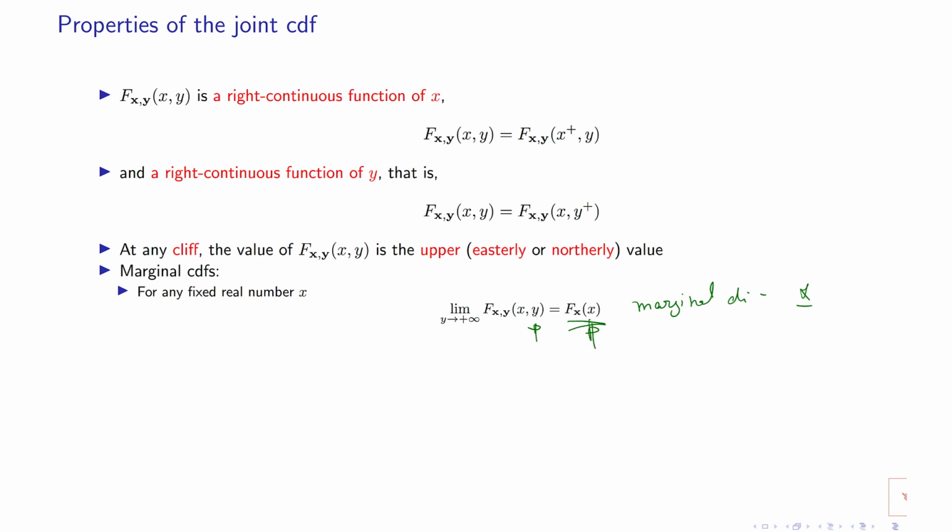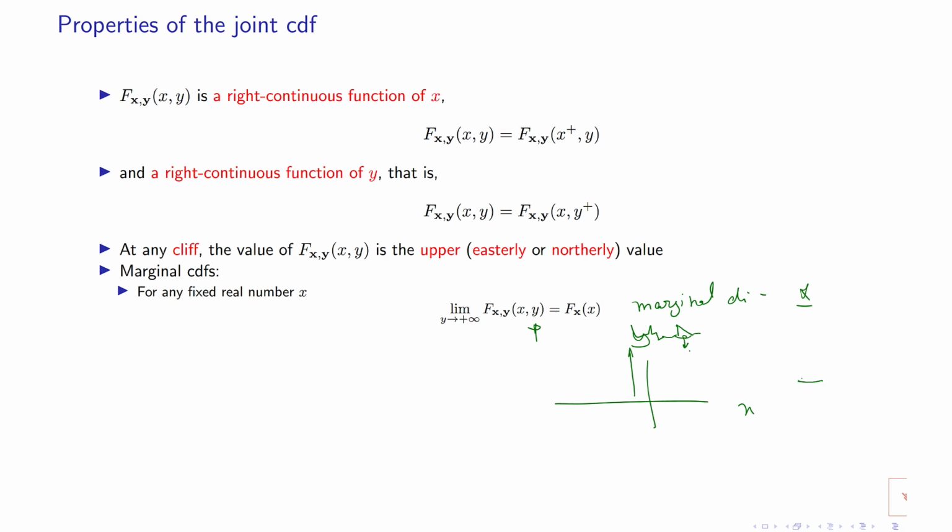A third reason for the name marginal distribution is that you have this is x, this is y. If you go to y plus infinity, let's say this is your eyes, and this is your nose, smiling. If you look from the top margin, you see the distribution of x.